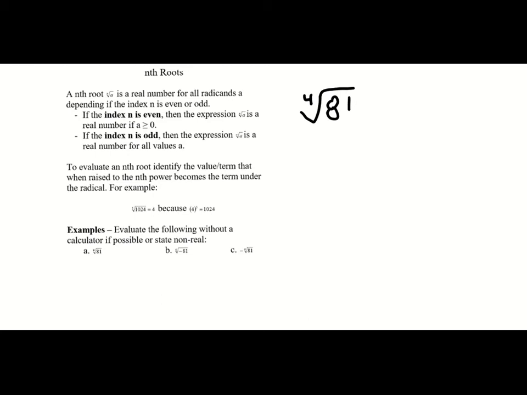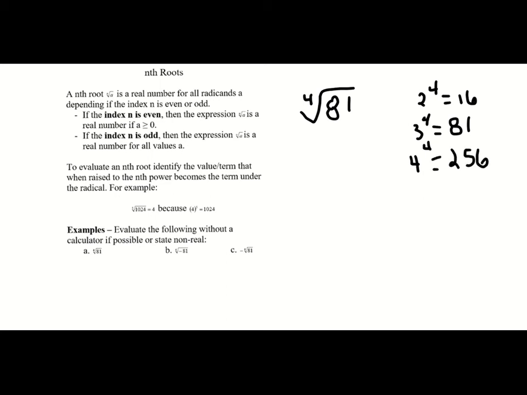So I have to figure out here, what number can I multiply together 4 times to give me 81? And again, this is something you may not know off the top of your head, so I make a little list, like 2 to the 4th power, I know is 16. 3 to the 4th power, I know is 81. 4 to the 4th power is 256.